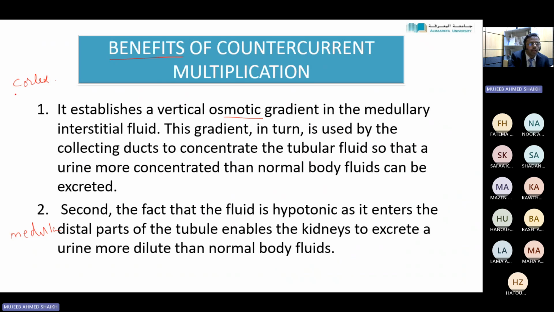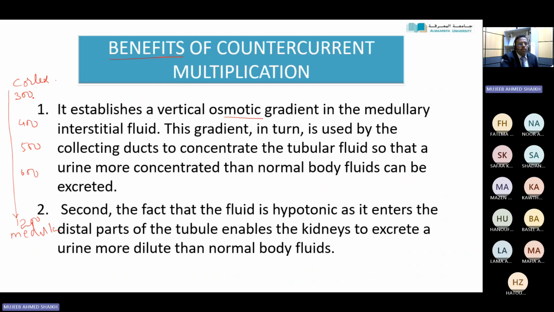Here the osmolarity may be 300, then 400, then 500, 600, like this, till in the deepest medulla it will be 1200. So it is vertical, from above downward. The osmolarity is increasing because of the arrangement of the deep or juxtamedullary nephron.